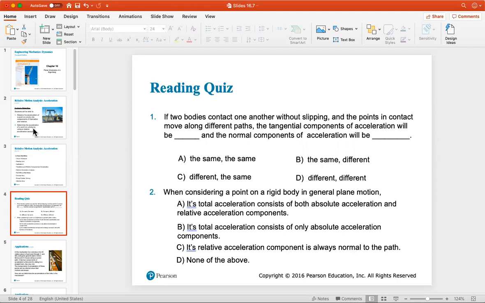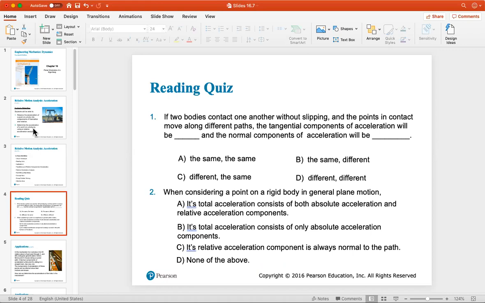Question 2: when considering a point on a rigid body in general plane motion, A, its total acceleration consists of an absolute acceleration, a relative acceleration, and relative acceleration components. B, the total acceleration is just the absolute acceleration components. Or C, it's only the relative acceleration components and is normal to the path. Or D, none of the above.